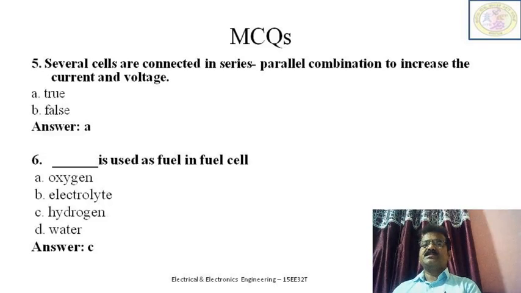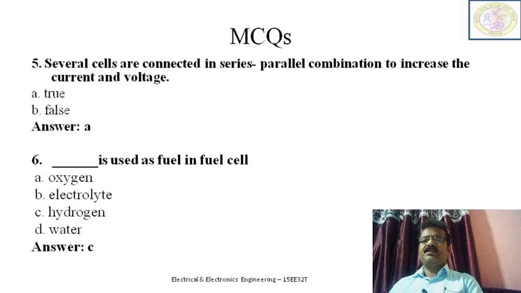It is A, true, B, false. The several cells are connected in series parallel combination to increase the current and voltage. It is true. Answer is A.